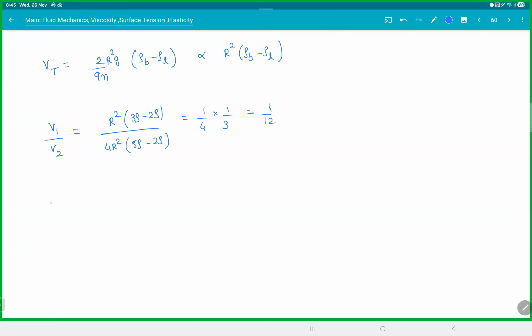And what is viscous force? F viscous is minus 6 pi R eta V. So this is proportional to R into V. So F1 by F2 will be R by 2R, times V1 by V2, 1 by 24.